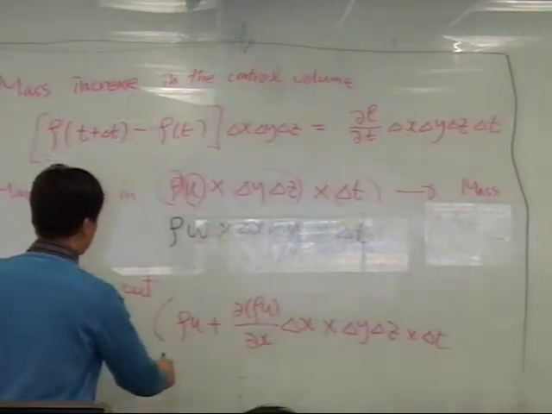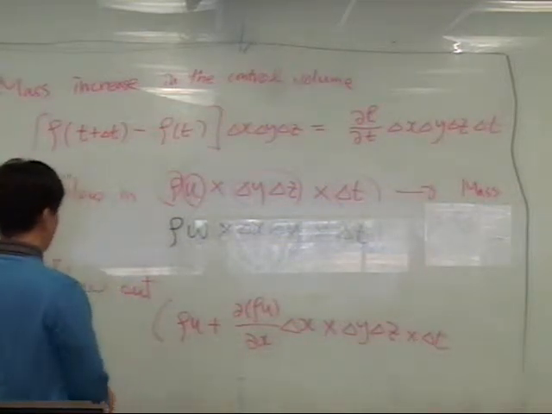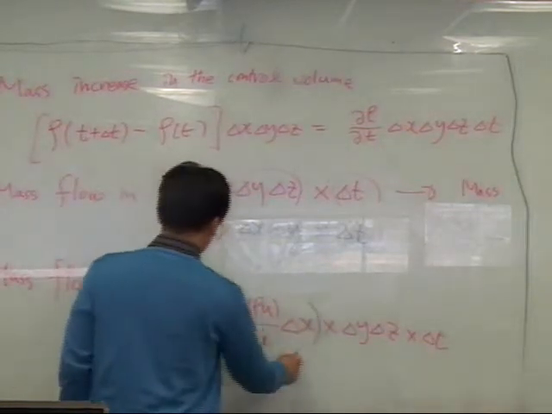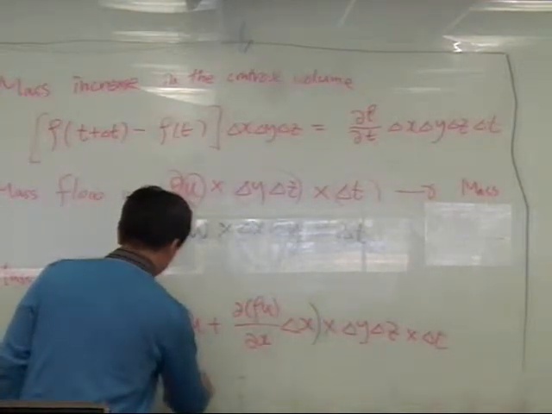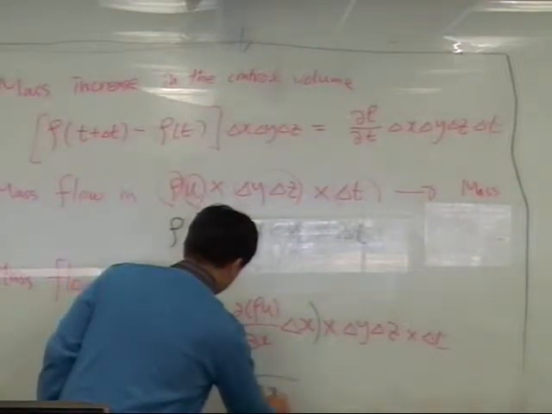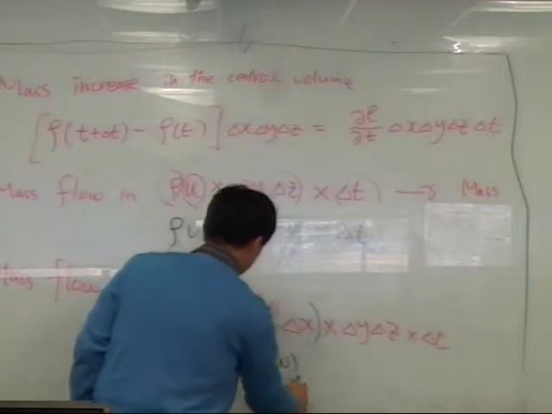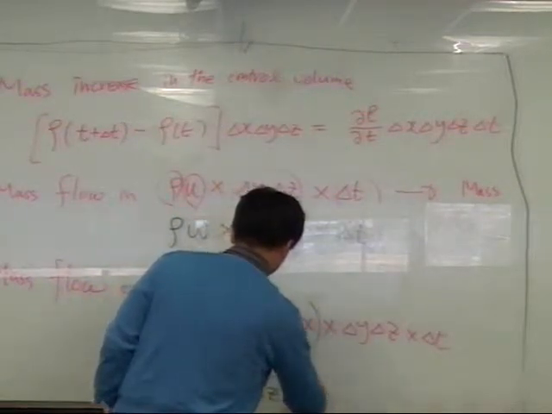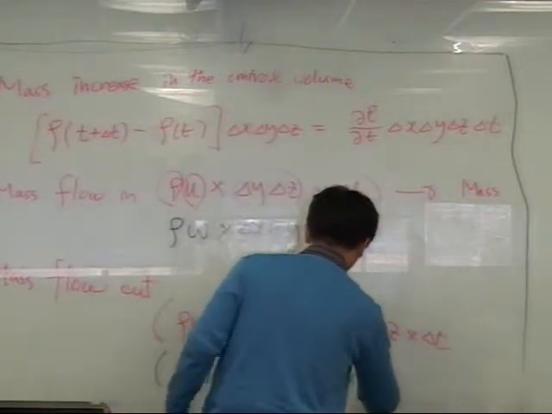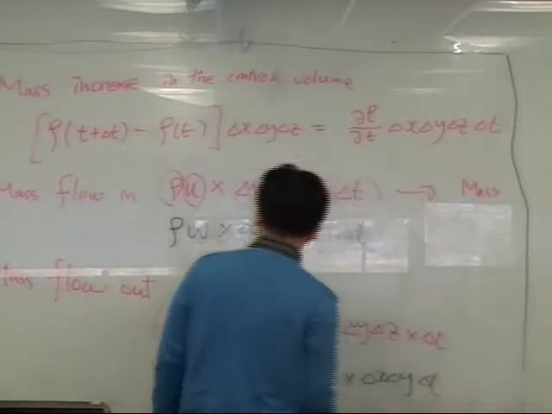And also here, let me see. Okay. Rho w plus the change in z of rho w, delta z, multiply delta x delta y delta t.